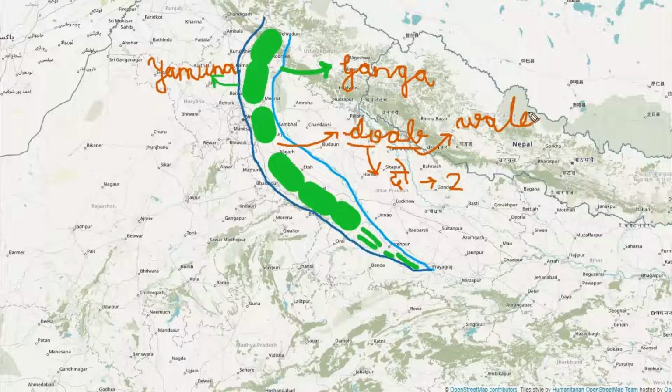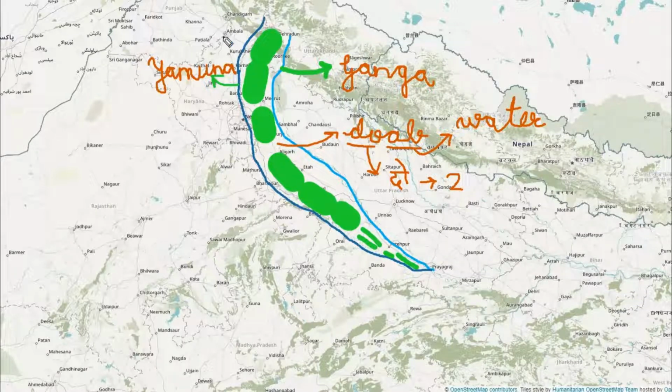It can also be considered similar to the Sanskrit word ap, which also means water. So do ab means two waters. Thus this area which lies between the two rivers Ganga and Yamuna is called Doab.